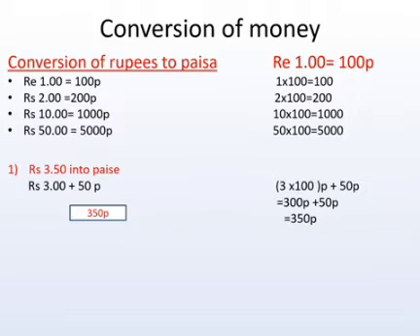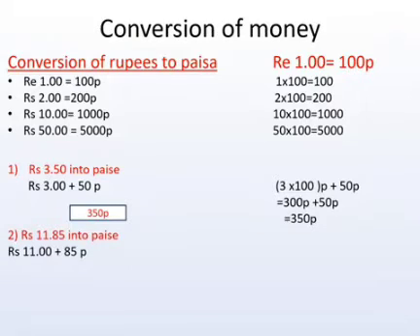So first let us convert this 3 rupees to paise. 3 into 100 is 300 paise plus 50 paise we need to add. So the total amount will be 300 plus 50. It becomes 350 paise. So the final answer is 350 paise.